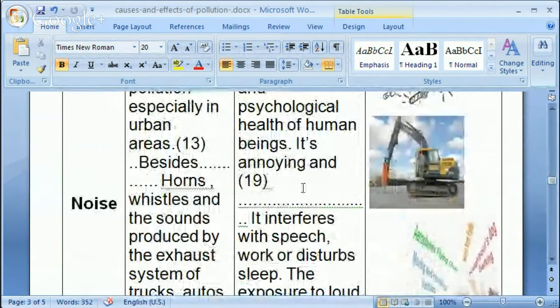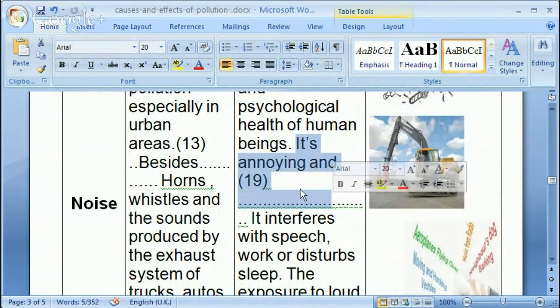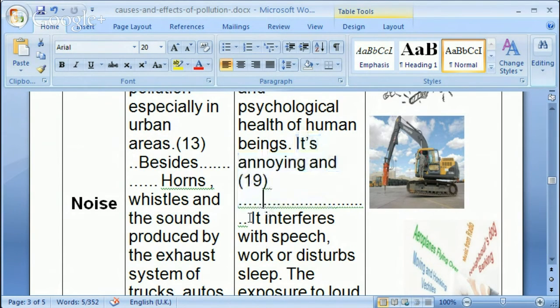All right, let's finish up. It's annoying and something. It is annoying and something. Wow, okay, I have is annoying, a continuous verb. My subject is it is annoying and something, and the sentence ends. Well, it's pretty clear.